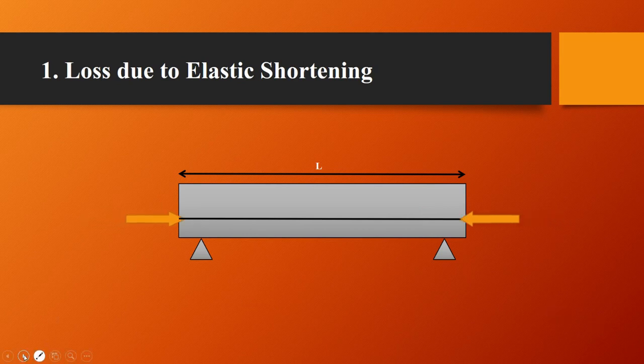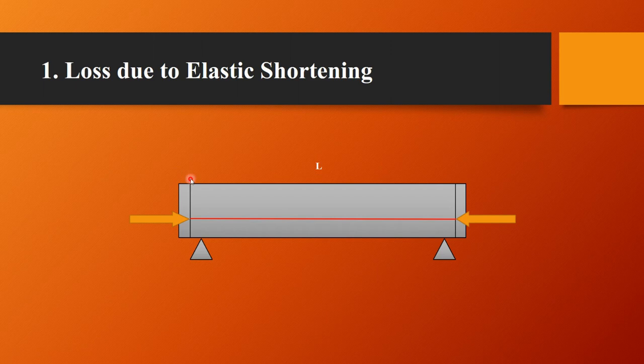After application of this compressive force, the concrete section, which initially has length L, will get contracted by a short amount. Let us consider that this concrete section is shortened by some distance, and the reduced length of the beam is L dash.